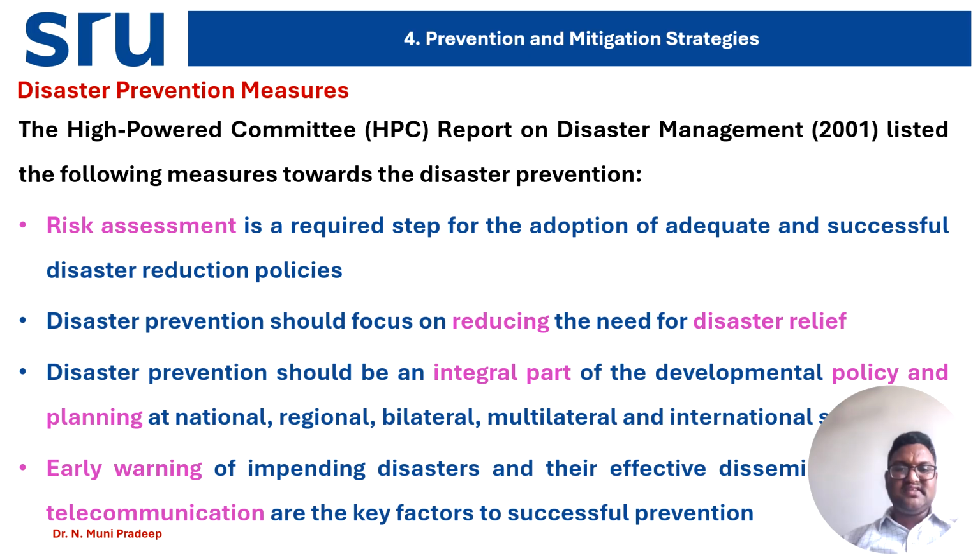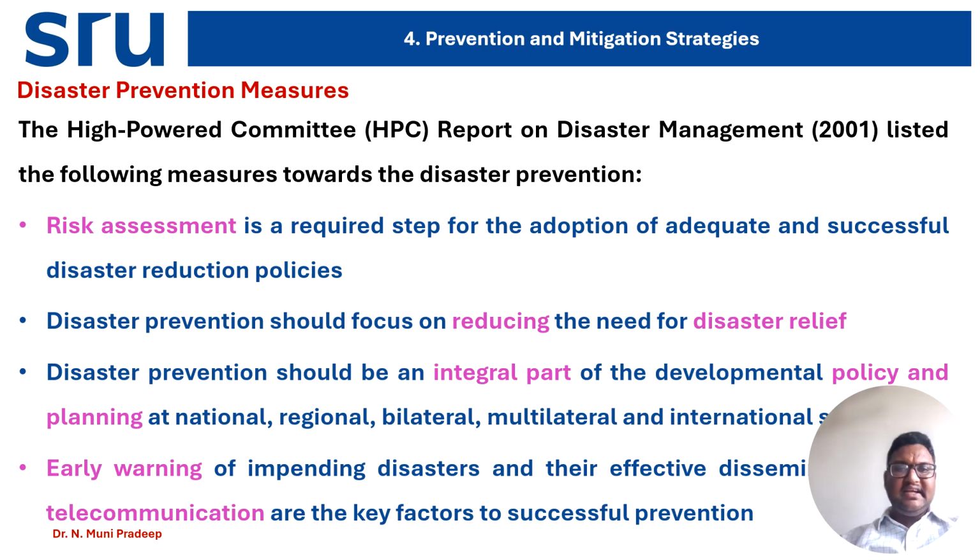And I'll give you one more example. When housing developments are built on floodplains without proper drainage infrastructure, they increase the flood risk. When industrial plants are located near residential areas without adequate safety buffers, they increase technological disaster risk.